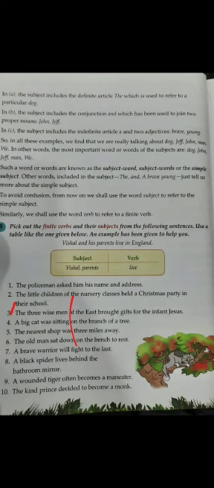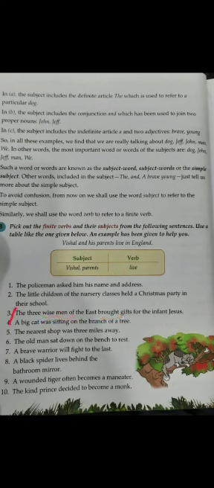Of the east brought gifts for the infant Jesus. So here, three and wise both are adjectives. So what is the subject here? The main subject is men, right? So now what is the verb? What is the finite verb? It is brought, which changes according to the number and the person, which change according to the subject.